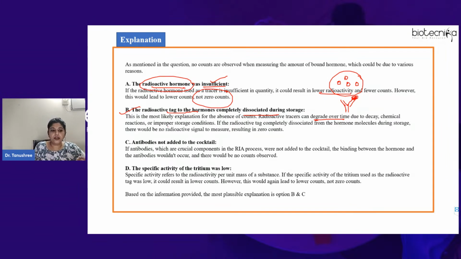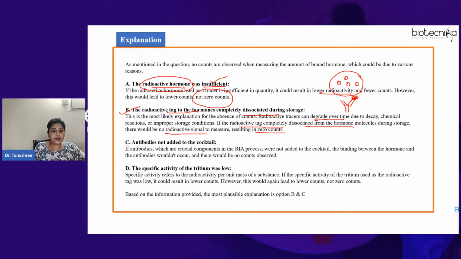And there are other factors, like improper storage conditions, where some chemical reaction happens that also results in the degradation of the radioactive tracers. So if the radioactive tag completely dissociated from the hormone molecule during storage, definitely no radioactive signal will be there to measure, resulting in zero count. So yes, this could be the answer.